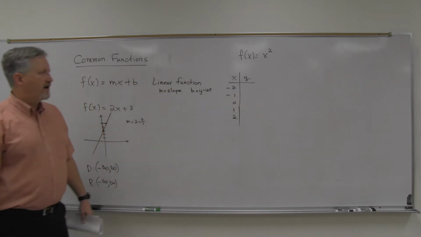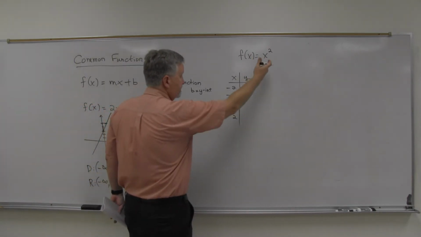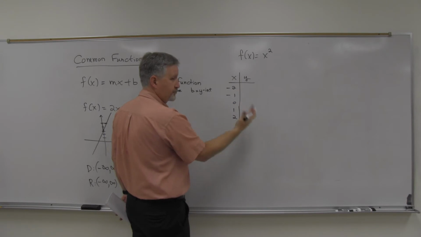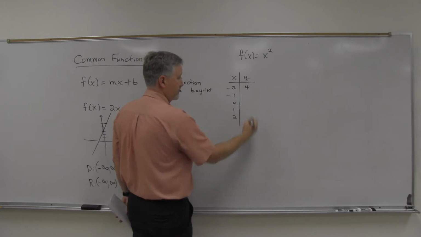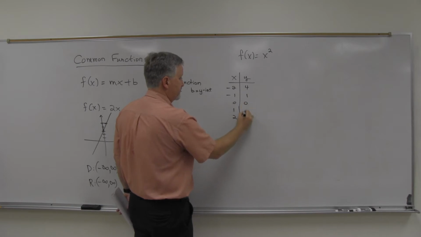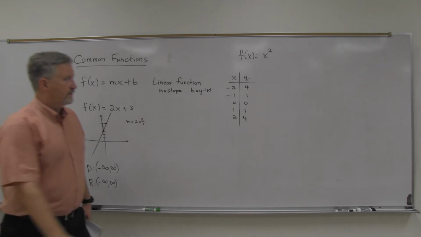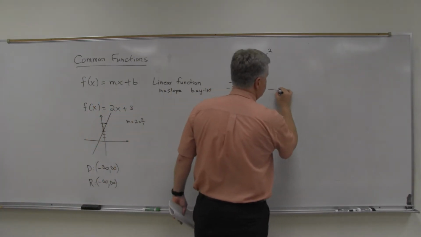So the x values, -2 to +2. Well, we're squaring these, so -2 squared is +4, right? These are always going to be positives. -1 squared, +1. 0 squared, 0. 1 squared, 1. 2 squared is 4. Yeah, so you get this shape.